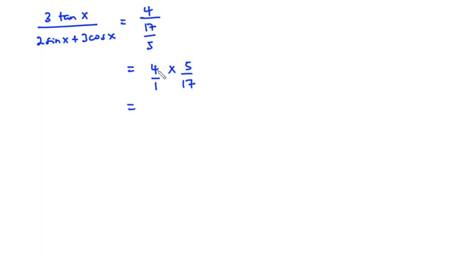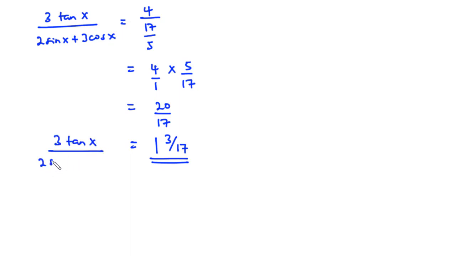And this is equal to 4 times 5 is 20 over 17. And then we can convert this to mixed number form, that is 1 whole number 3 over 17. So this is the value for 3 tan x over 2 sine x plus 3 cos x.